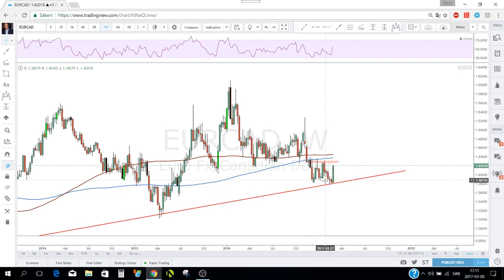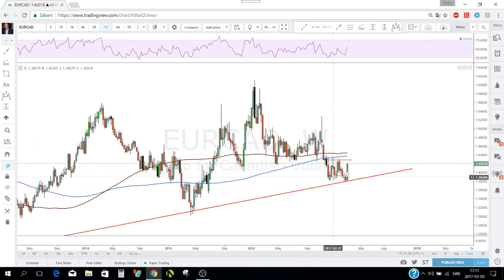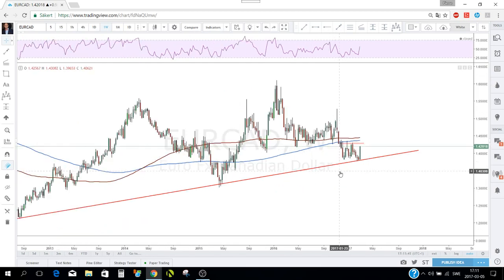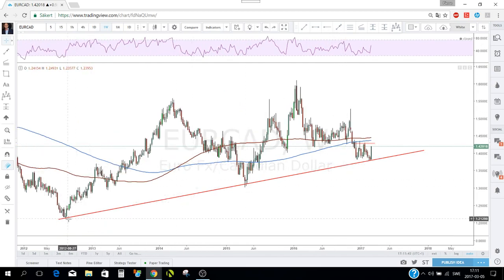I was not trading a lot in this area. I don't like how price action was acting there, but we do have this trend line that is respected now too, and this is the third time this trend line is respected. As you see, this is the weekly, guys.